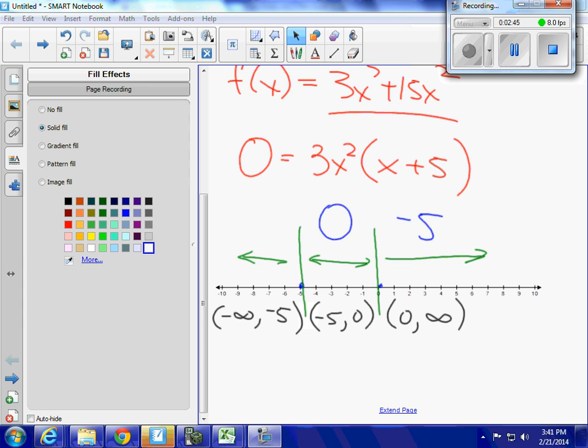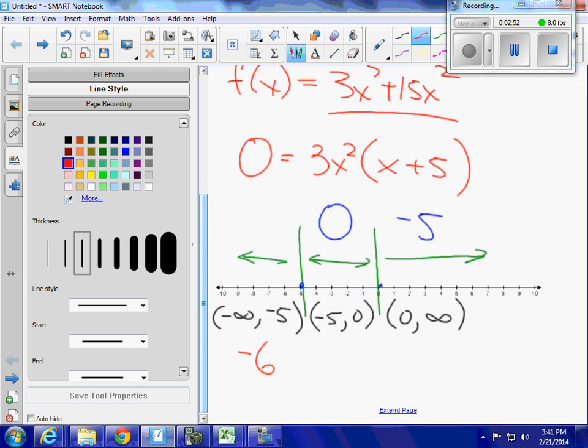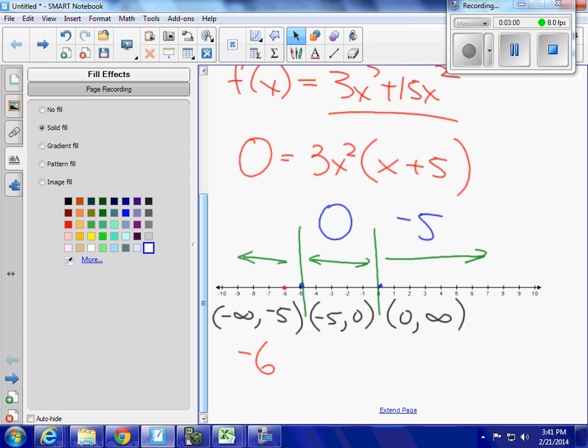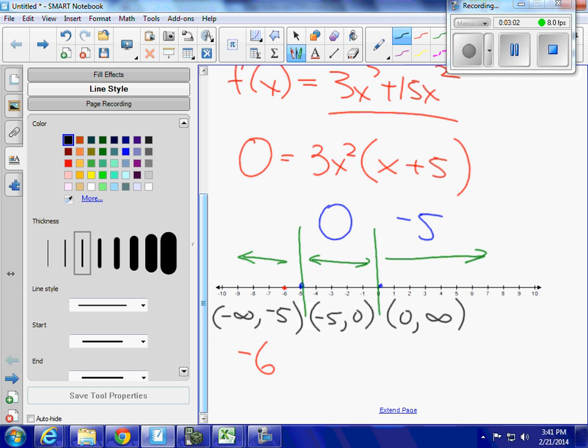Well, I'm going to pick a number in my far left interval, and I'm going to be kind of random about it. I'm going to pick negative 6. And I'm going to look at my polynomial and say, if x is equal to negative 6, is my function going to be positive or negative?